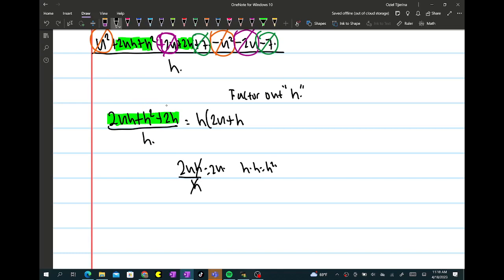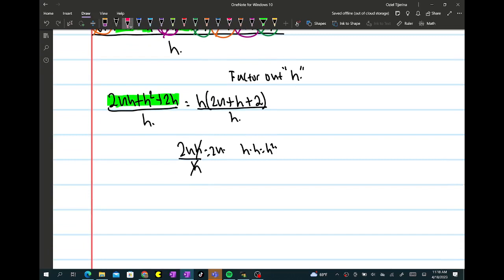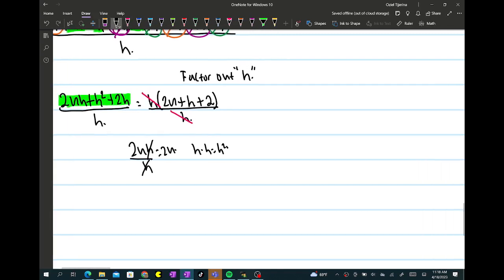And then plus 2, right? All over h. So then finally, you see that this is being multiplied to this, and we need to cancel this out, right? So then we are left with 2u plus h plus 2. So this is our answer.